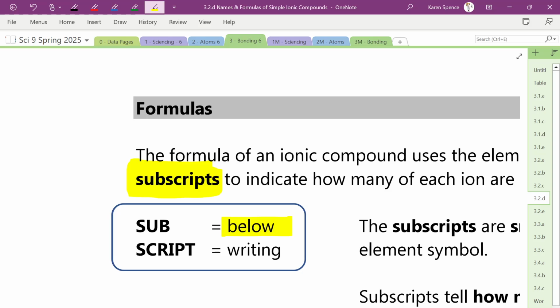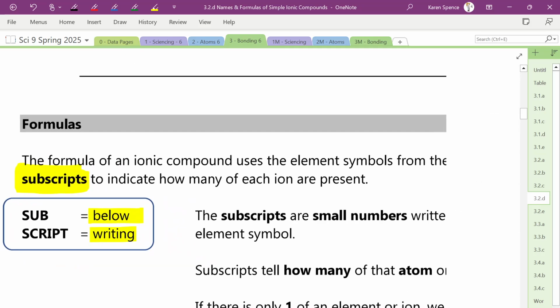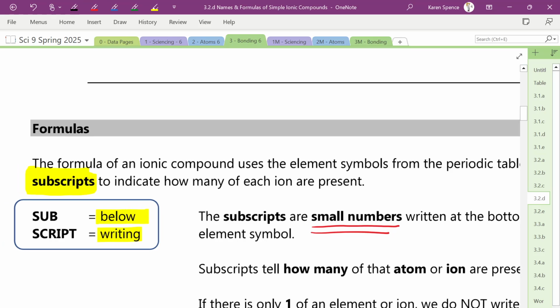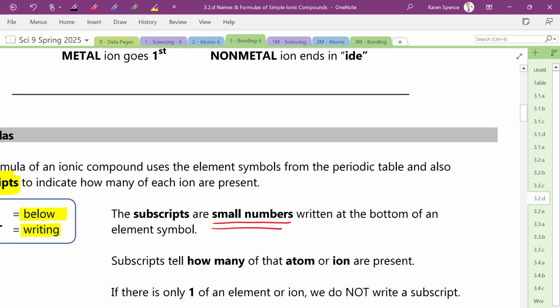Okay, so sub means below. And script means writing. So if something is a subscript, it goes below the regular writing. Subscripts are those small numbers written at the bottom of an element symbol.